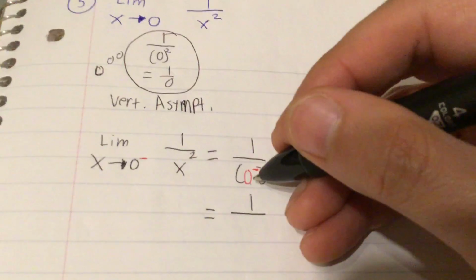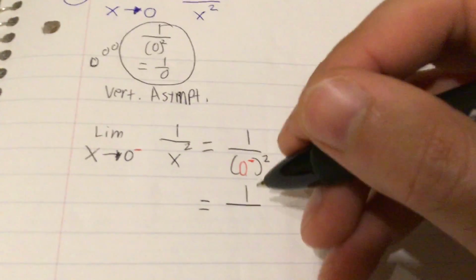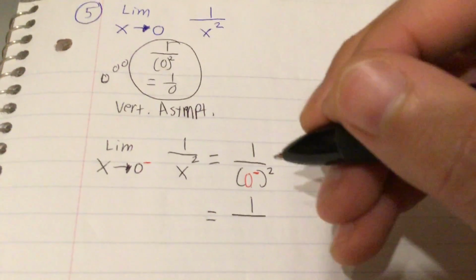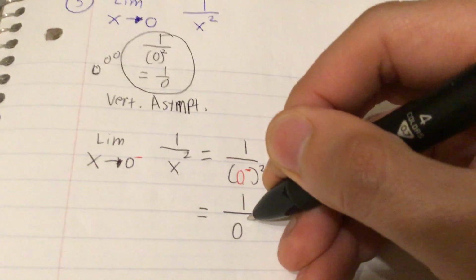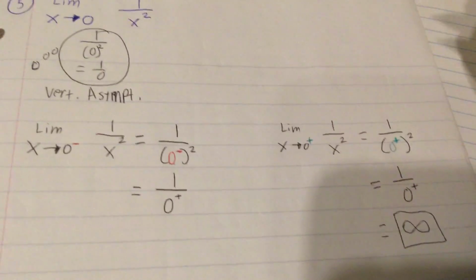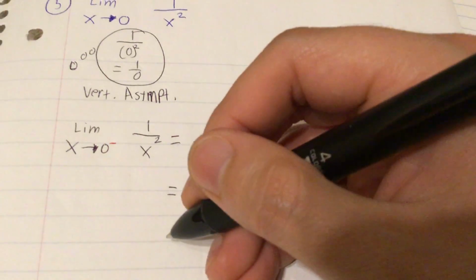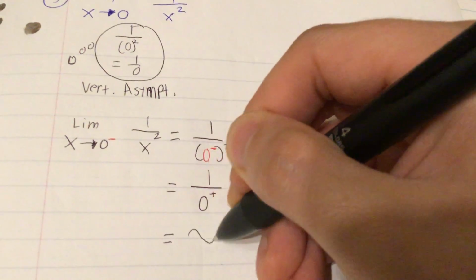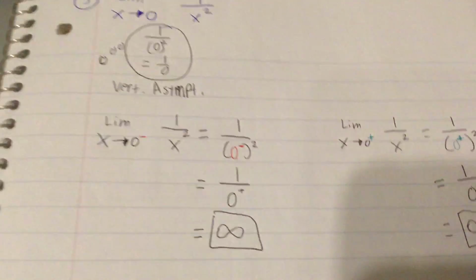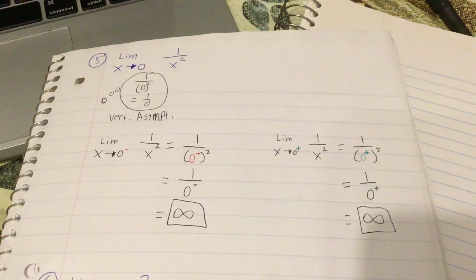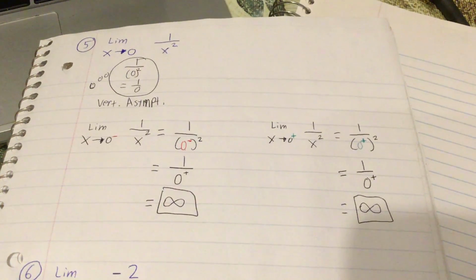So negative 0.001 getting squared is going to be really, really small, but on the positive side. So the limit as x approaches 0 from the left side is 1 over the right side of 0, or also positive infinity. So we take a look at the left-hand limit and the right-hand limit.